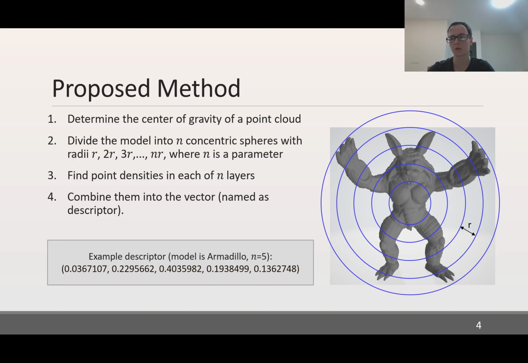The parameter n is user-defined. Next, all points of the model are distributed into n spheres according to their position in space. Finally, we divide the number of points in each sphere by the total number of points in the model and obtain the vector of densities, which is the desired descriptor.